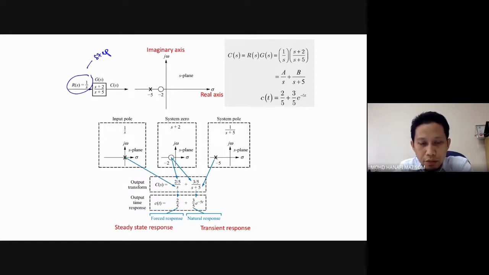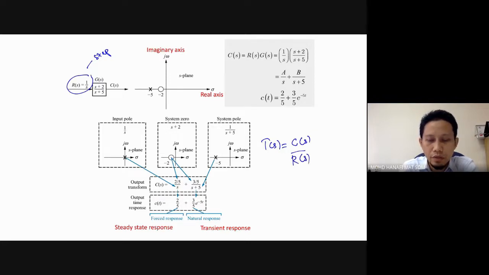When we try to find the output, remember the transfer function: I don't want to use G(s) because the system is G(s), so let's say our transfer function T(s) equals C(s) over R(s), output over input.